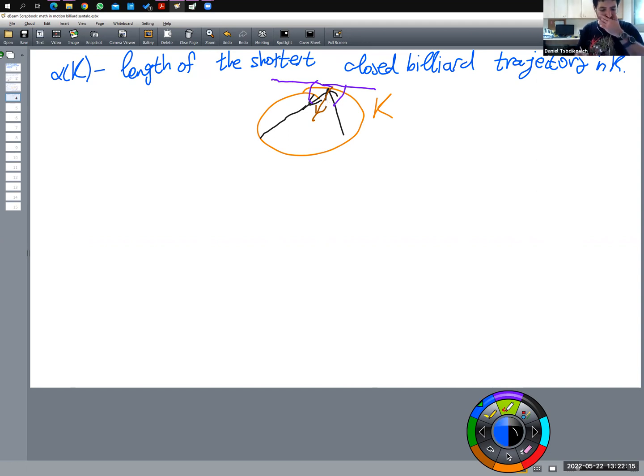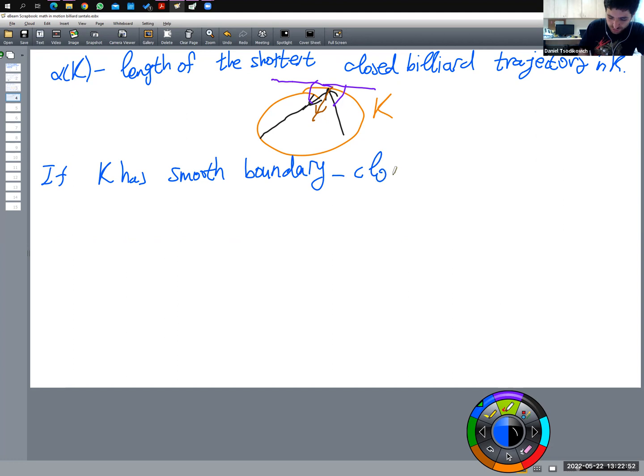And well, first of all, why are there even closed billiard trajectories? This is not really obvious. If K has smooth boundary, then it's easy to show that it has closed billiard trajectories, because it will be a minimum of some function, and then it's easy to show that they exist. So if K has smooth boundary, closed orbits exist.